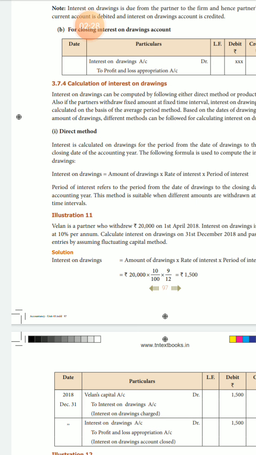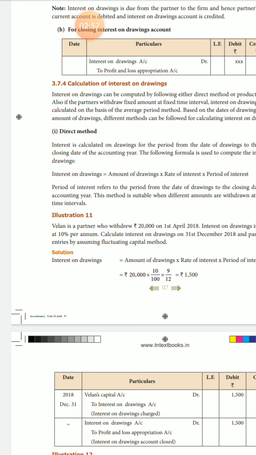Next, interest on drawing equals amount of drawing into rate of interest into period of interest. The period of interest refers to the period from the date of drawing to the closing date of the accounting year.